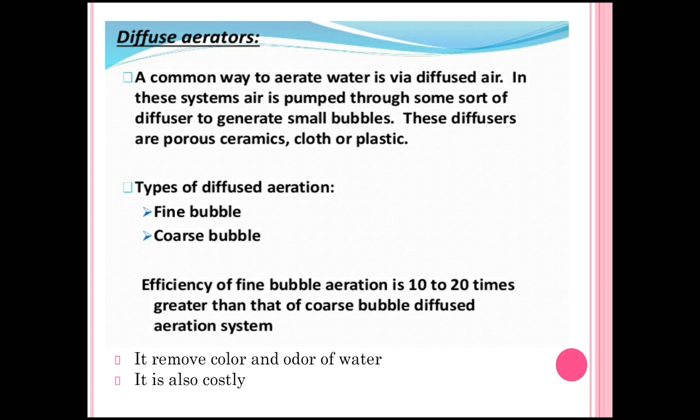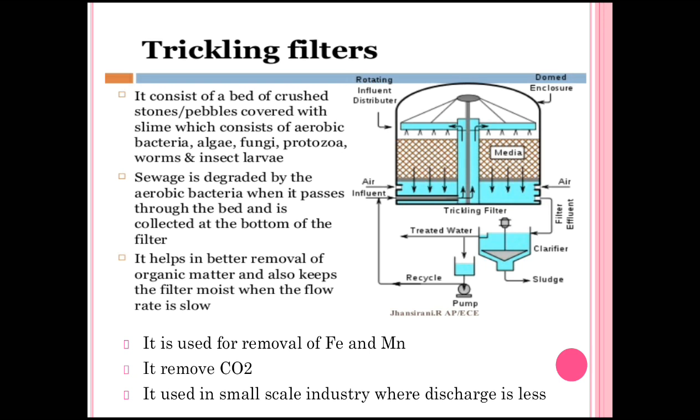The efficiency of fine bubble aeration is 10 to 20 times greater than that of a coarse bubble diffuse aeration system. This diffuse aerator system removes the color and odor of water. It is very costly.